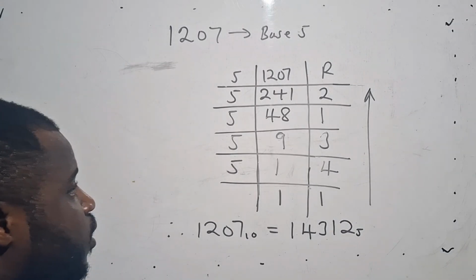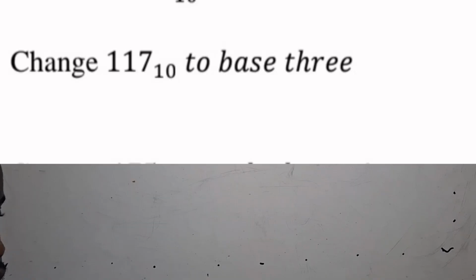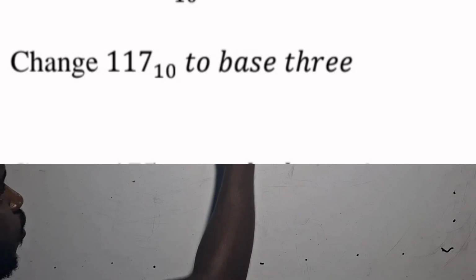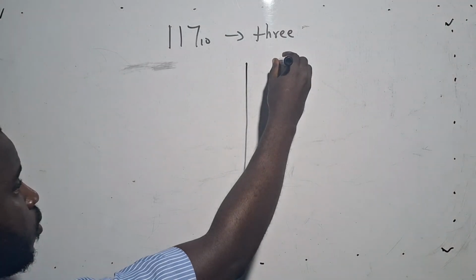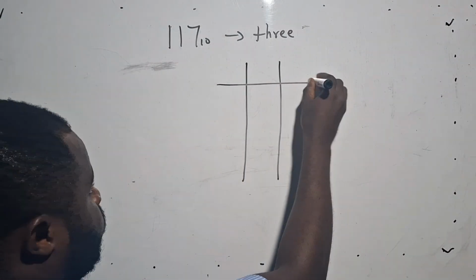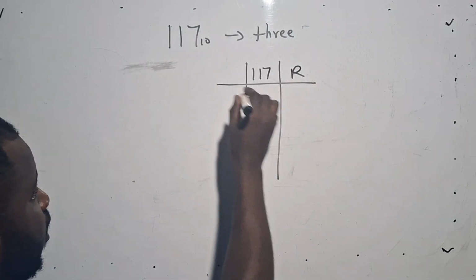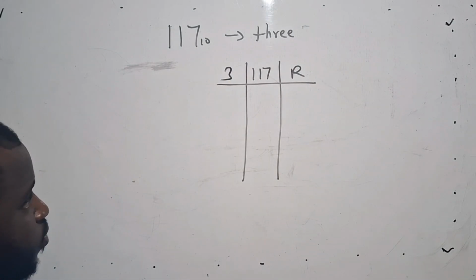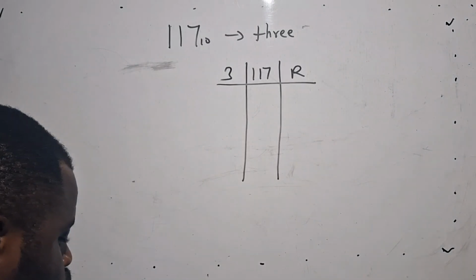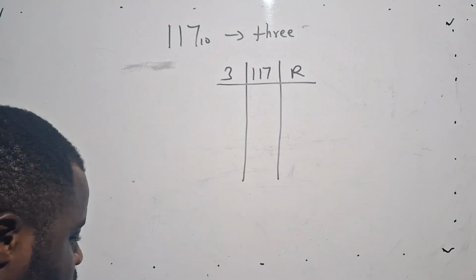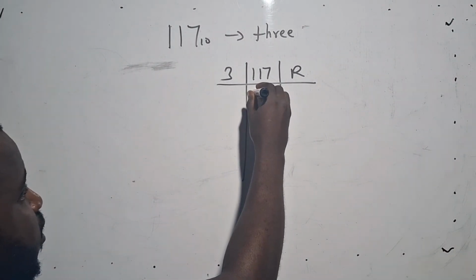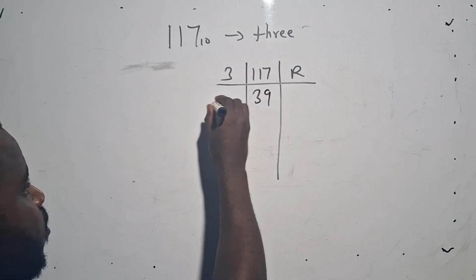So let's take the next question on this. We have to convert 117 base 10 to base 3. Draw our table. So 117. Now writing the R as a remainder. So the base 3 will come here. 117 divided by 3 will give us exactly 39.